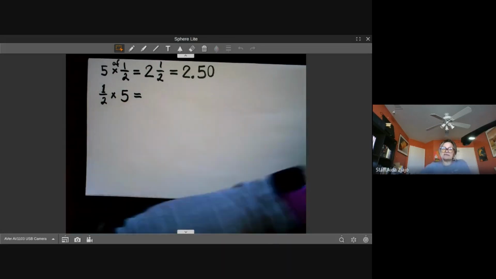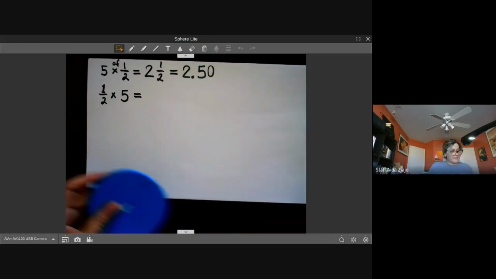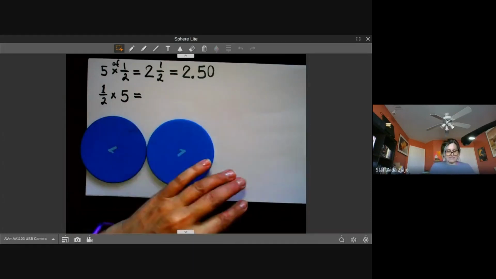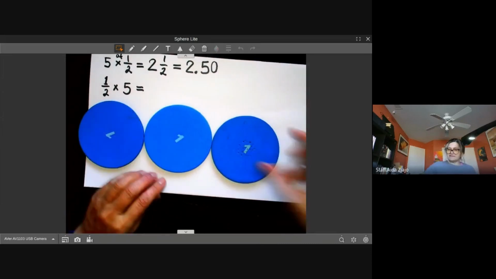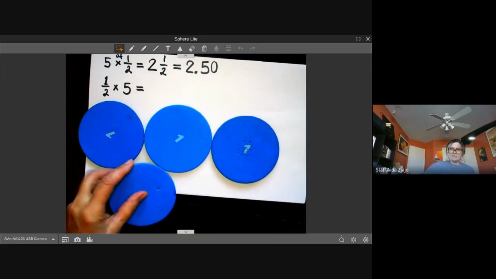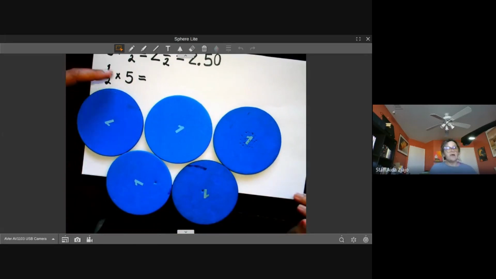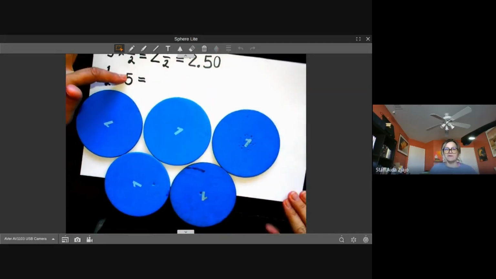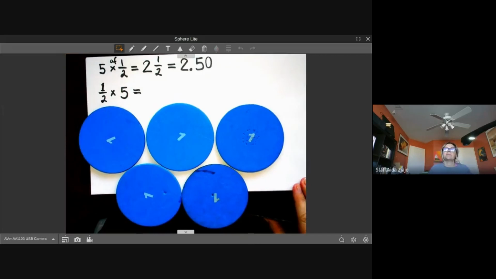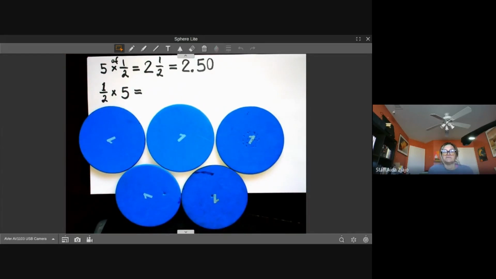So in this case, I use Kevin as having 5 chocolates and his best friend is Robert, so the question is, what is 1/2 of 5? Kevin has 5 chocolates. He would like to give his best friend Robert half of it.